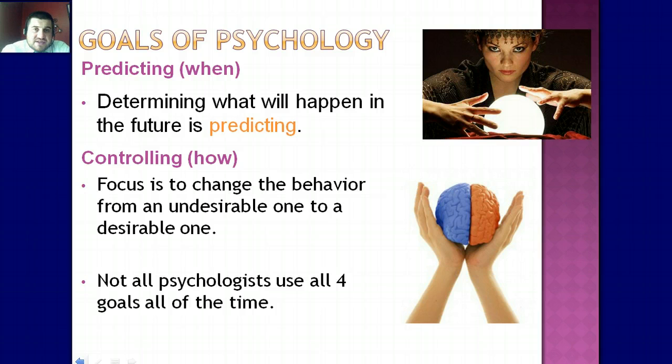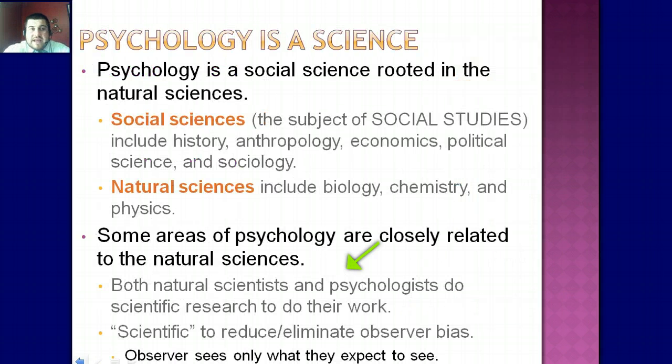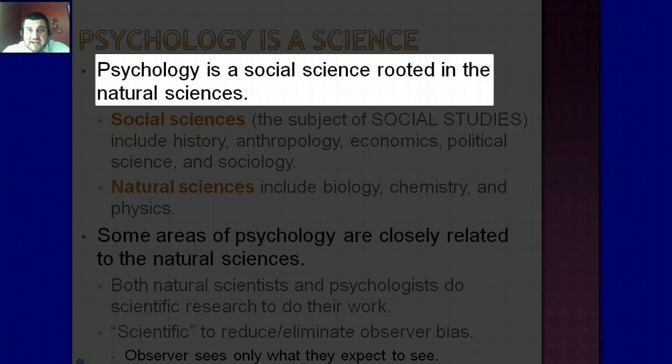And these are the four goals of psychology, but not all psychologists necessarily use those all of the time. Now, that brings us to why psychology is a science. And you can tell this to all of the naysayers out there. It is actually a social science or a social study that is rooted in the natural sciences.